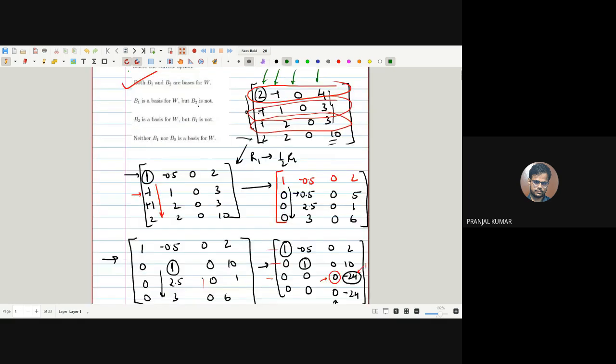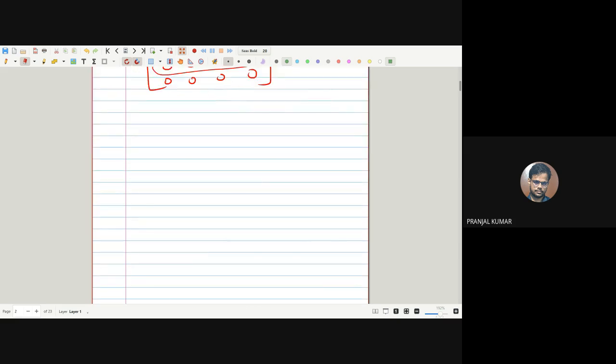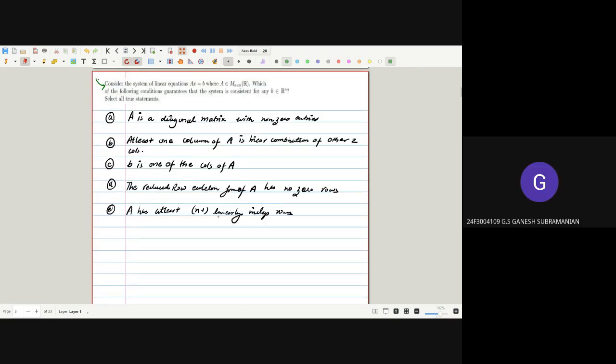If you take the span of these three vectors, all these vectors are from R4, but there are only three vectors. So the span of this set will be a three-dimensional subspace in R4. If there were four independent vectors in R4, then it would have been R4 itself, so its dimension would be the same as R4. Clear? Yeah, okay, sir.